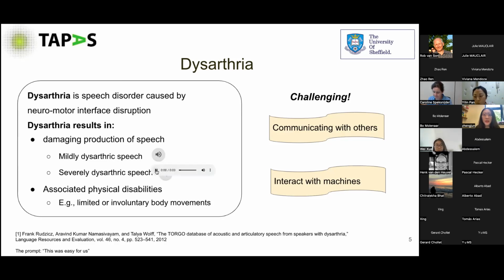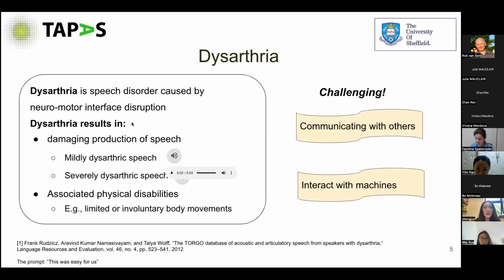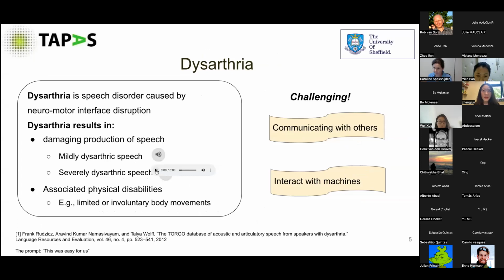Can you hear now? Not yet, but you didn't stop sharing. Maybe you have to stop sharing and share again. Yes, choose the option of audio sharing. Now? Yes, perfect.